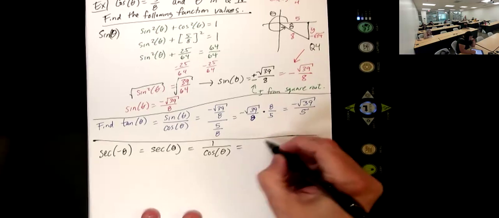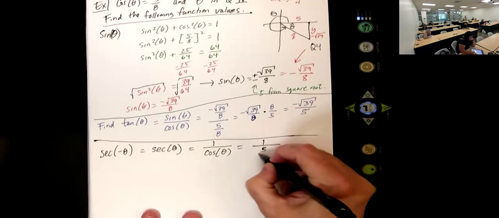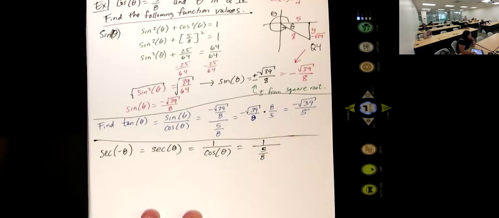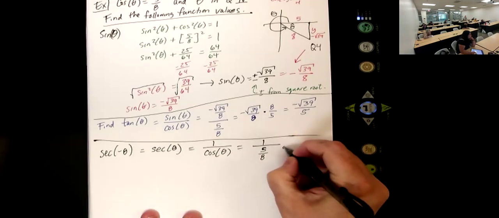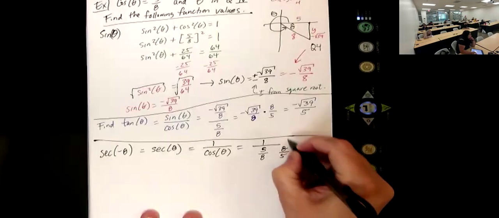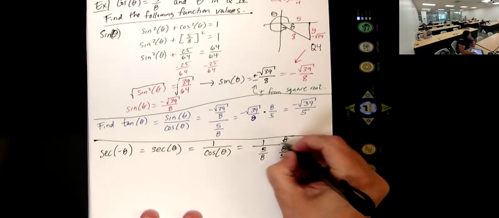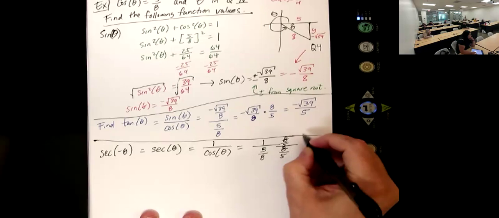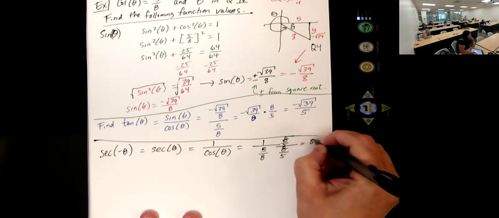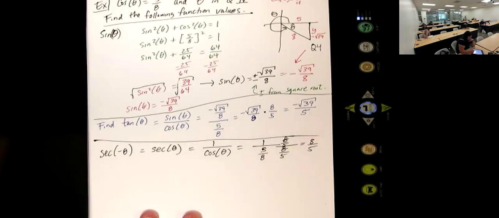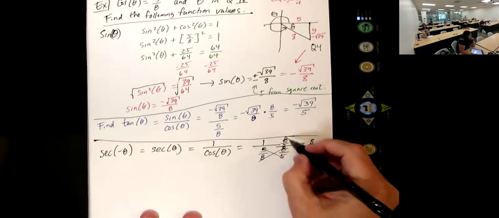That is 1 over 5/8. We had cosine already. So multiply top and bottom by 8/5. We end up with 8/5.